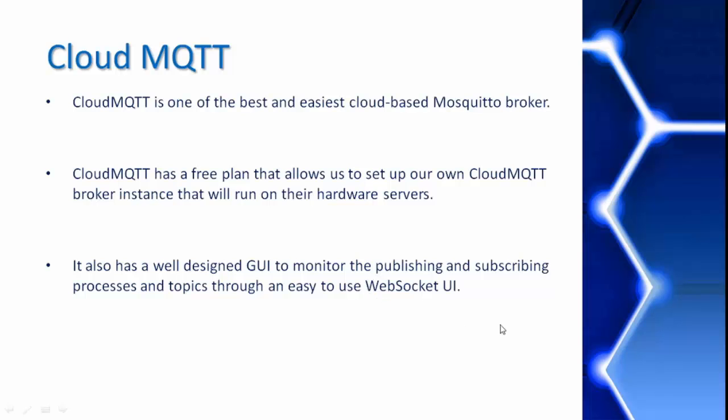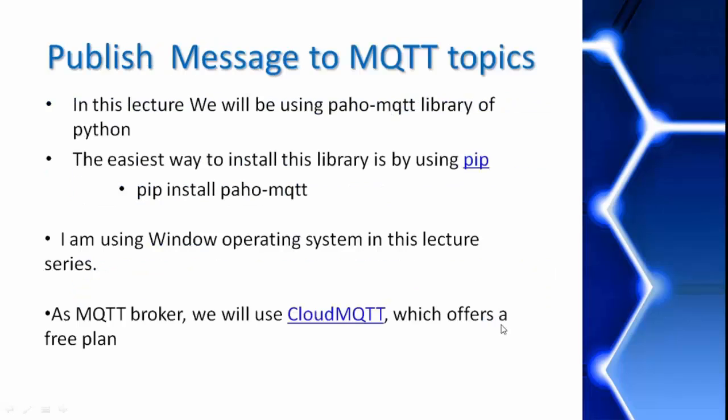In this lecture, we will be using the Paho MQTT library of Python. The easiest way to install this library is by using the pip command. Just type in CMD: pip install paho-mqtt.